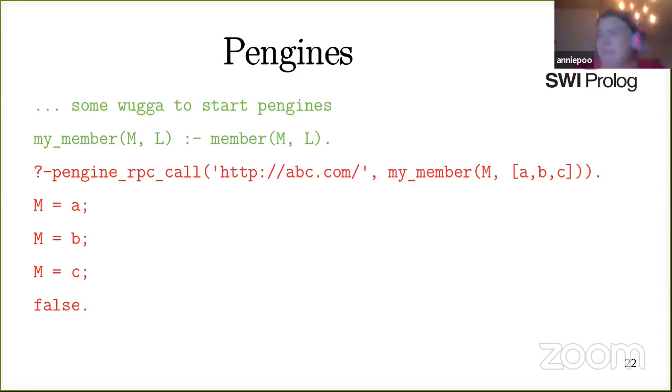Not all of them, certainly. I don't think there's a Haskell Pengines client or a Go Pengines client, but there's one for Java, Ruby, Node. You can call them from the browser, which is really cool, from JavaScript from the browser.